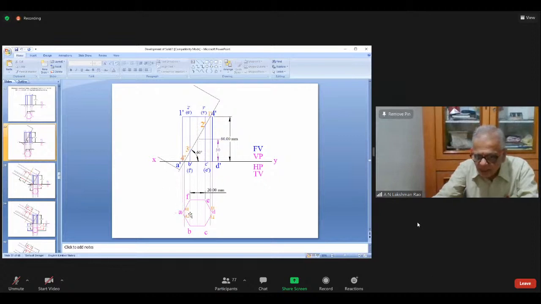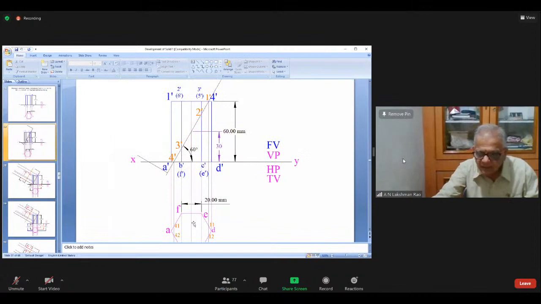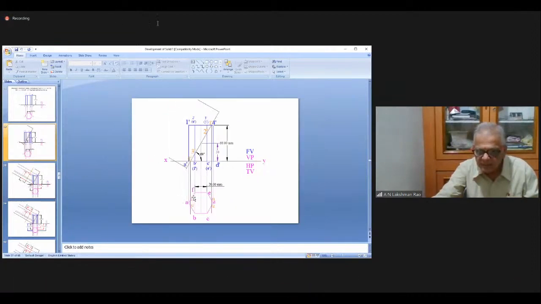In between, I marked 41, 42, 11, and 12 because these are not available here. So 3 dash is available here, this is 3, this is 4. In between 3 and 4, I have got 41. Like that.